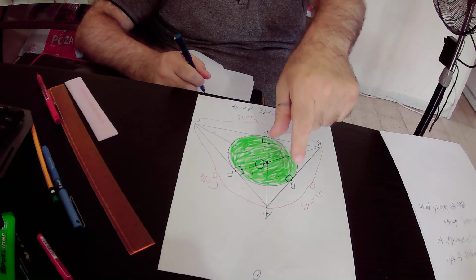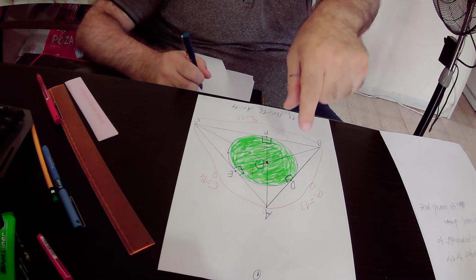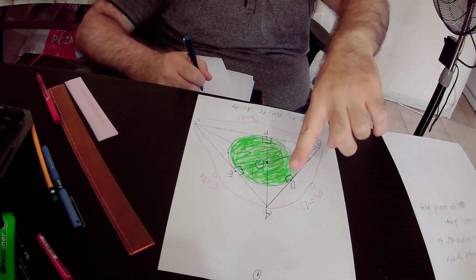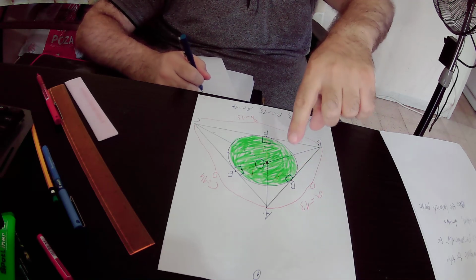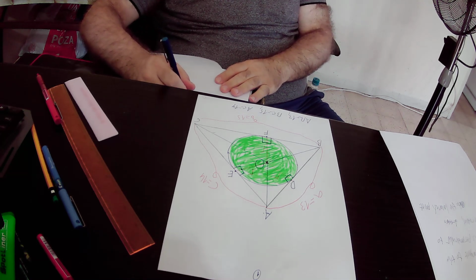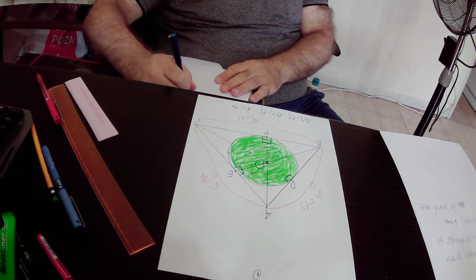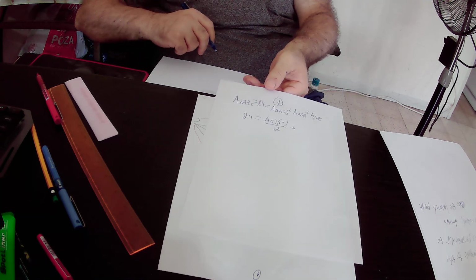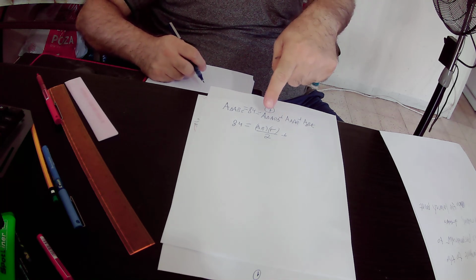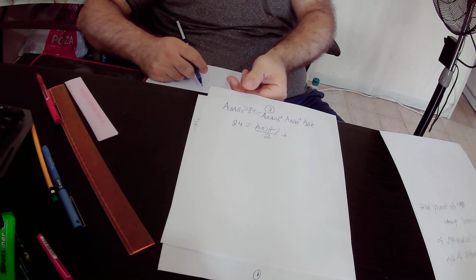The height must create 90 degrees with the base AB, and as you can see here, the radius indeed creates 90 degrees with the base AB, so the radius is the height of triangle AOB. So the area of triangle AOB equals AB times the height, that is the radius of the green circle, over 2.